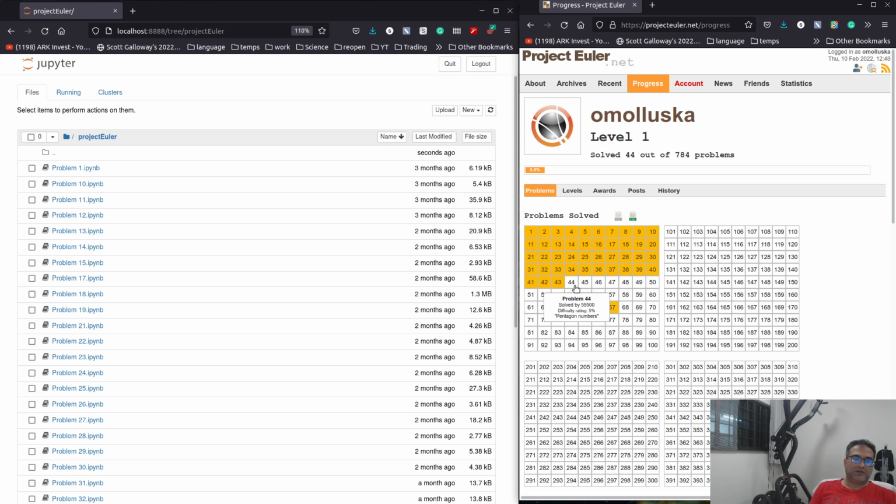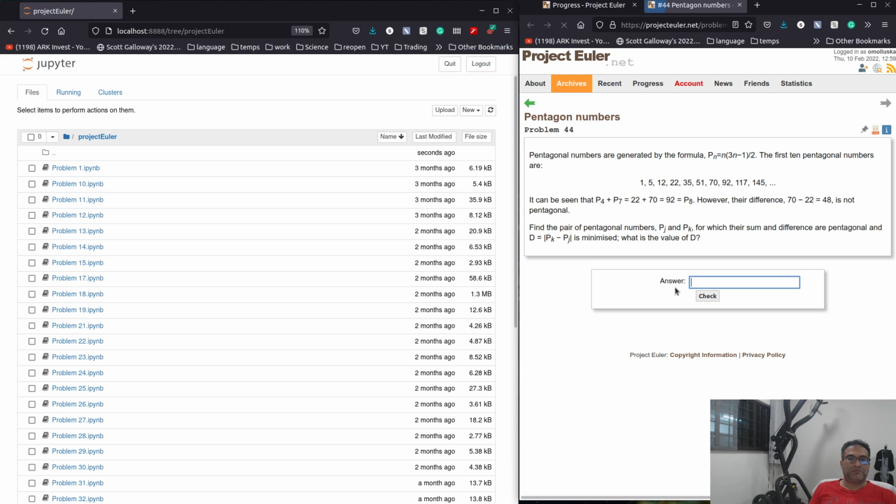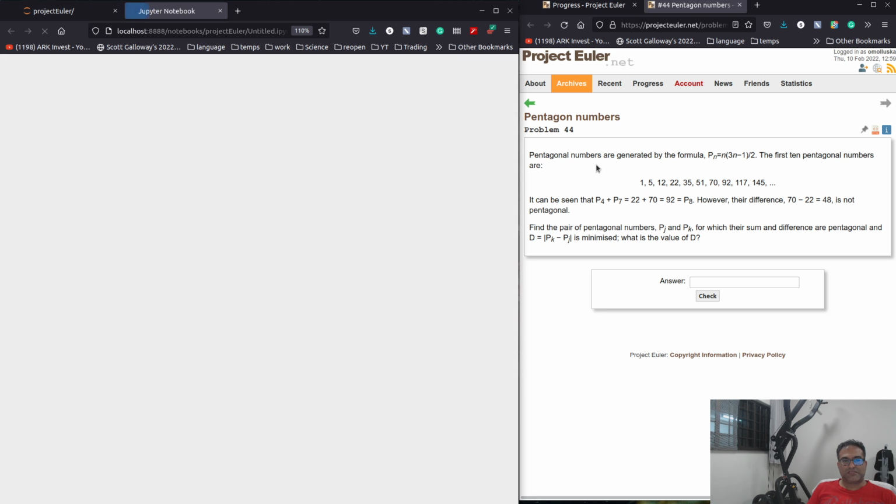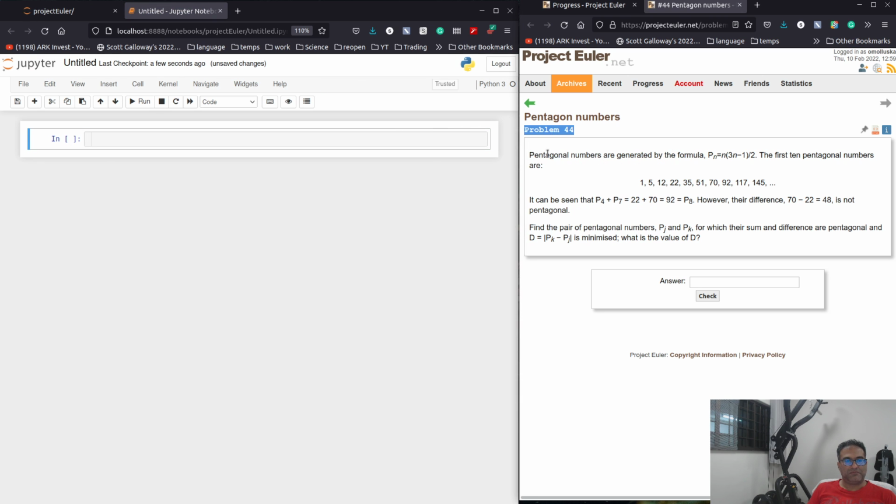So we've solved 43 problems so far, and we are going to look at the next problem. This is problem number 44, pentagonal numbers. It looks a little similar to the previous problem, which had triangular numbers, but let's create a new problem.